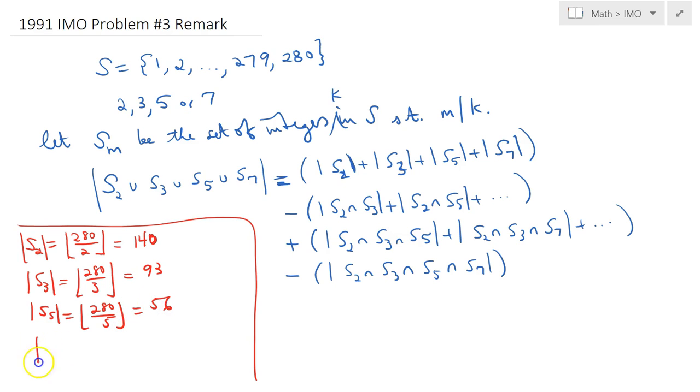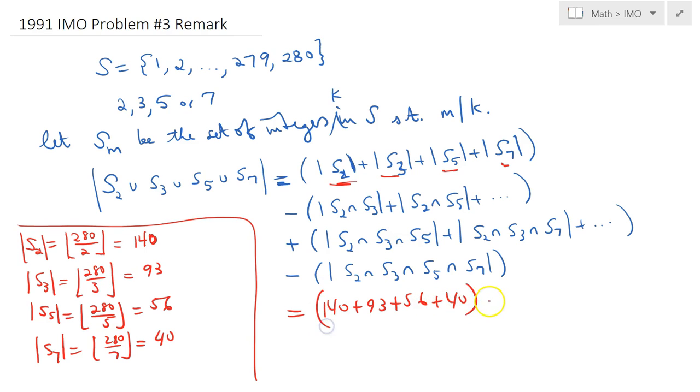And finally, S sub 7, which is 280 divided by 7, and that's 40. So therefore, the first line, these numbers I calculated, came out as 140 plus 93 plus 56 plus 40 minus, okay, so now the second set.